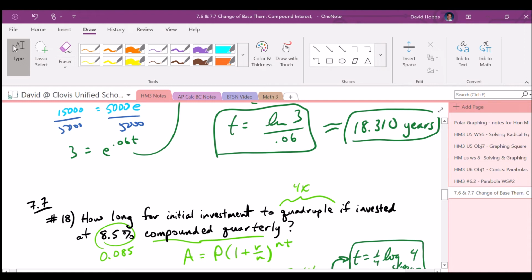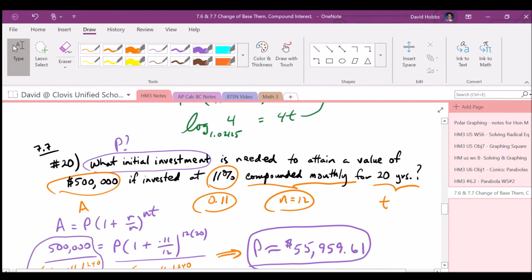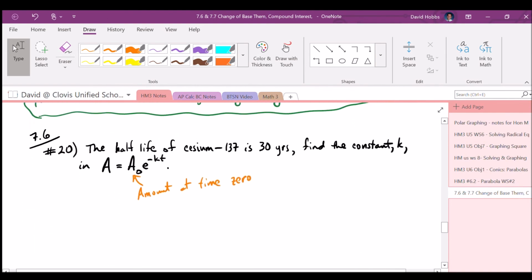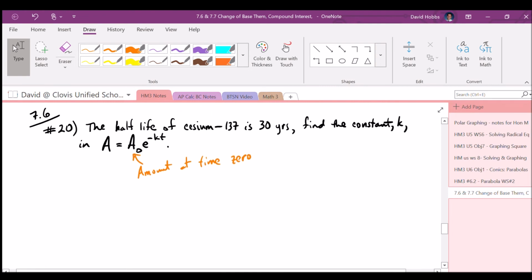Okay, so now the other thing that happens when we're doing these half-life problems, a lot of times it seems like they're just not giving you enough information, but they are. So let's take a look at that problem again now. So the half-life is 30 years.